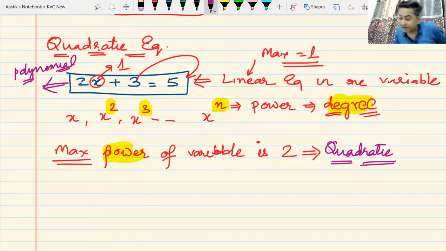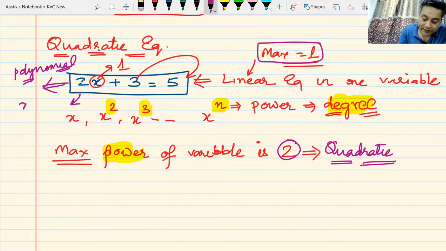Now remember, when the maximum power is 2, it is a quadratic equation. In a linear equation, the maximum power was 1, and there was only one value of x. We got only one value of x.